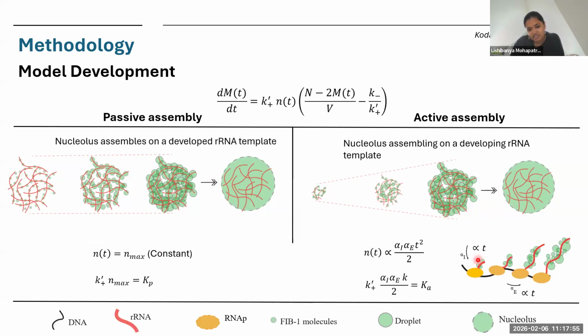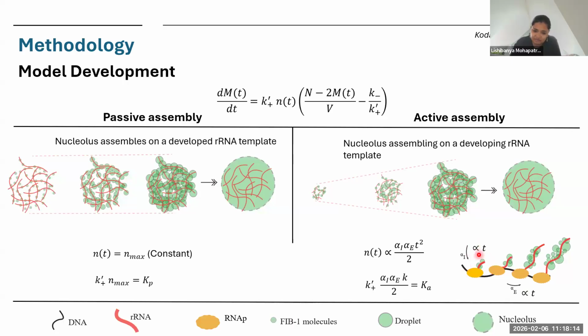So just to reiterate, there are two processes that contribute to transcription. You have a process of initiation, and then you have a process of elongation, which are denoted by alpha I and alpha E over here. We are assuming that both of these processes proceed as a linear function of time.